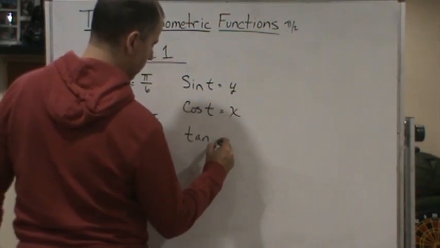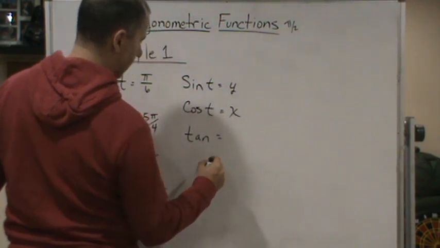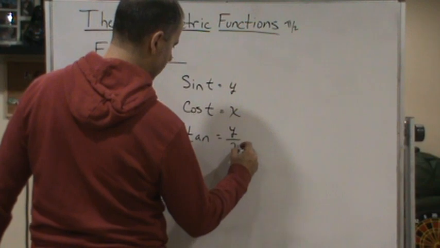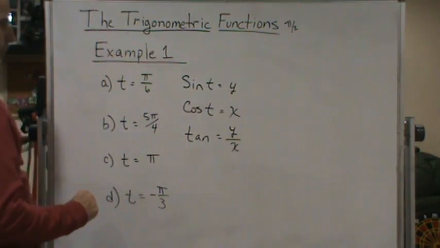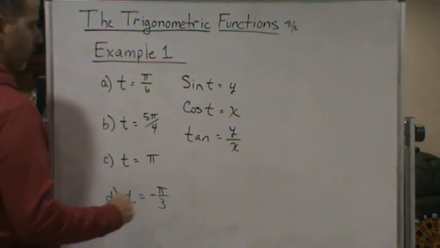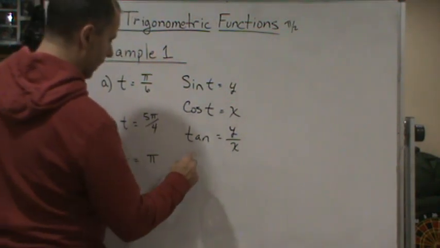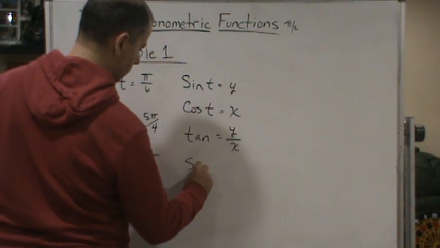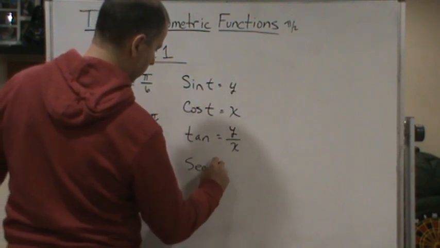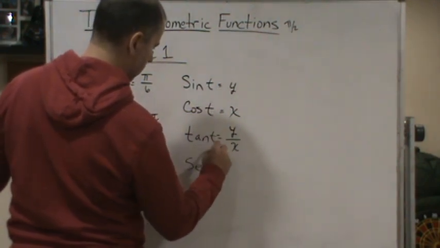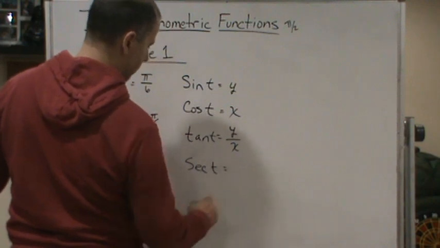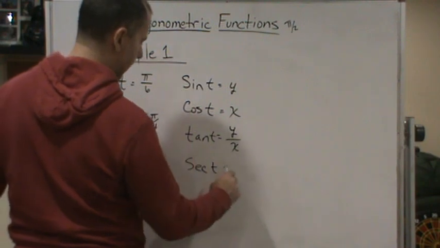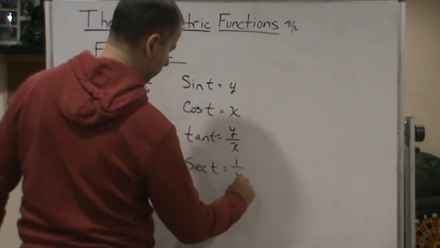Cosine t is equal to x. Tangent is equal to y over x, right? And then if we look at secant t here, that's going to be equal to the reciprocal of sine, so that's going to be 1 over y.